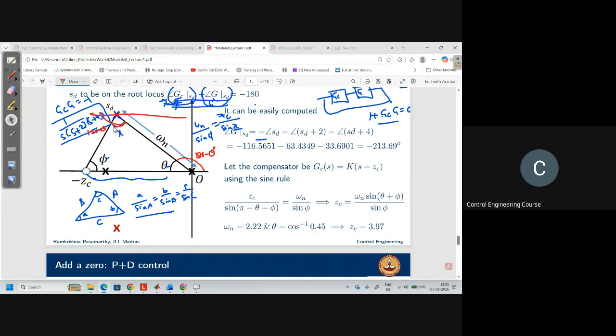Triangle total angle is 180 degrees, so pi minus theta minus this phi. So then you will get this x.